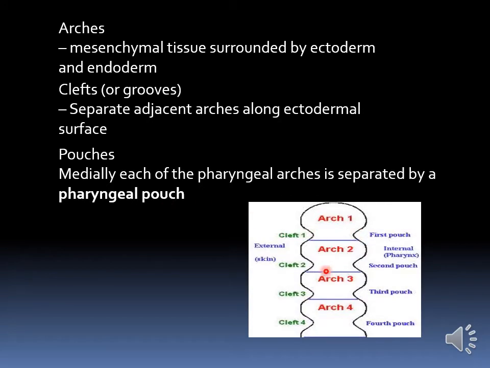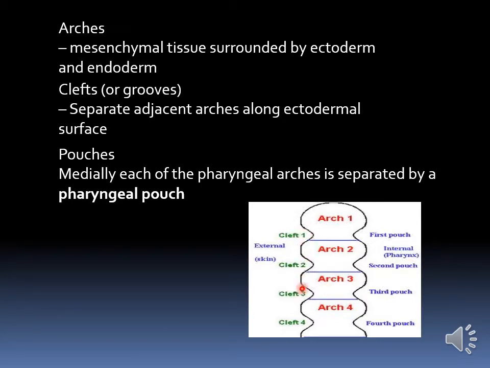Here, these are the arches. You can see these 4 arches, and this is the outer surface, and this is the inner surface. The outer surface between each of these arches is the clefts. The clefts are numbered according to the numbers of the arches. You can see here arch number 1 and 2. Between them is cleft 1, cleft 2 between arch 2 and 3, and so on.